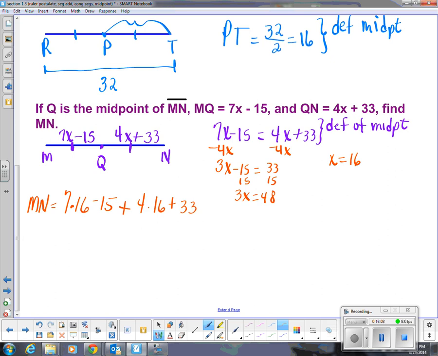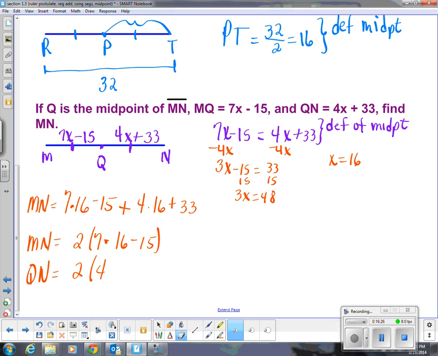Or I could say, well, you know what? MN is just 2 times the 7 times 16 minus 15. Or someone else might say, well, it's double QN, so that's 2 times 4x. Since we know what x is, this is 4 times 16 plus 33. It doesn't matter, you should get the same answer.